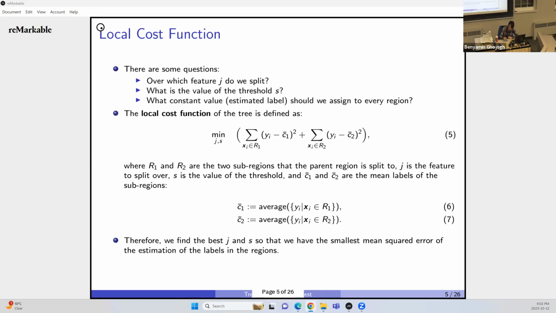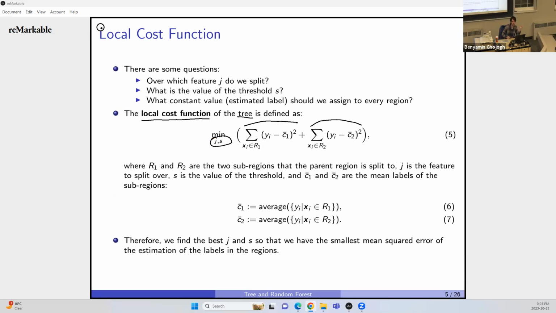So we define some cost function. Recall that everything in machine learning is optimization, right? So we need to have some cost function. We call it the local cost function of the tree, equation 5. What does it say? I minimize these 2 terms subject to j and s.